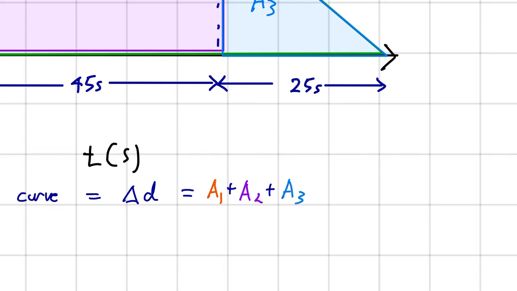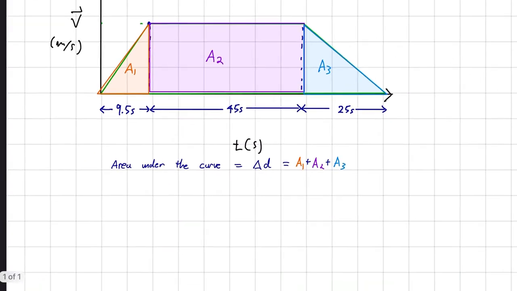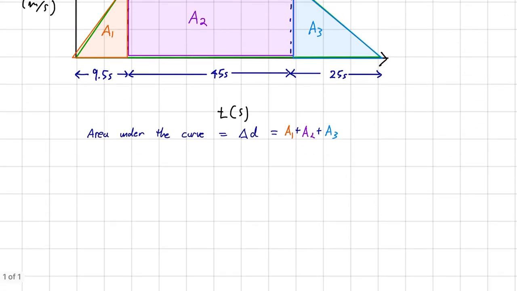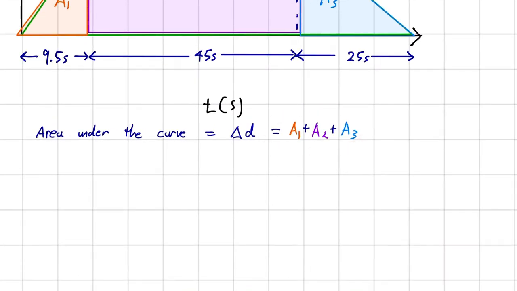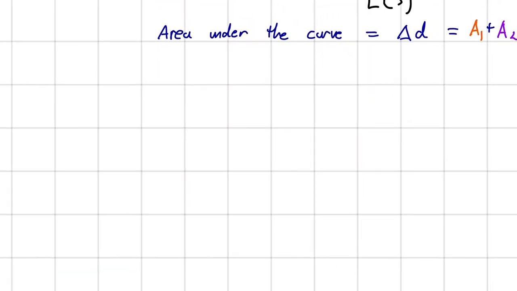I'm going to keep these color coded so that it's easier for you guys to follow along. So our A1, A2, and A3, when we add them together, will give us the total displacement. So let's start calculating these areas.